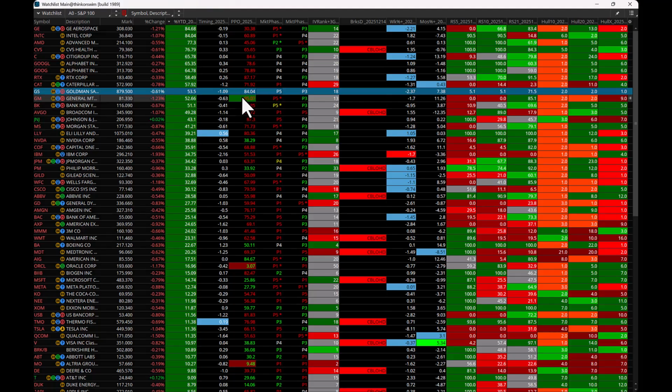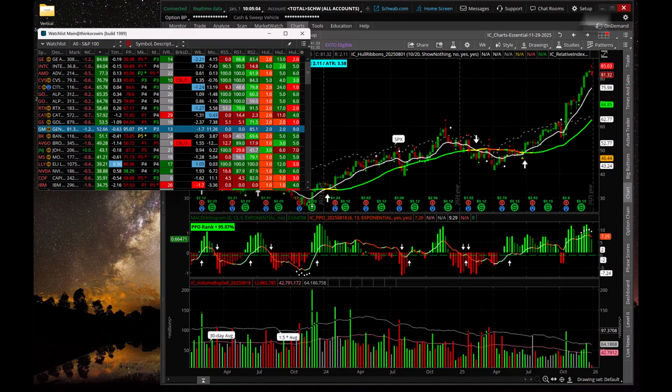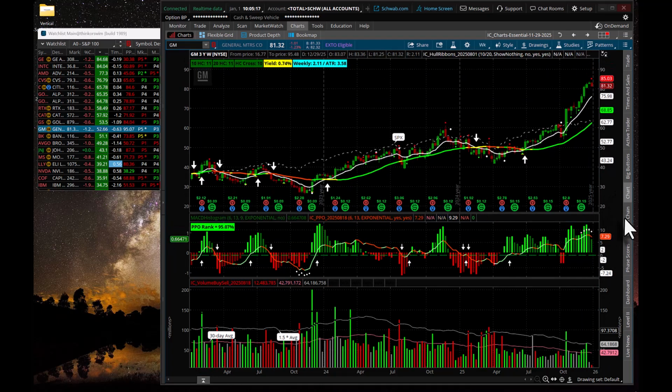Just for grins, let's go look at this one. This is for GM. So here's a case of where we have been in an overbought situation. We're looking at GM for a 3-year weekly.